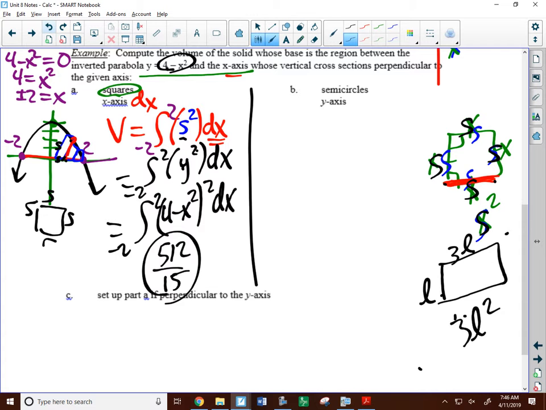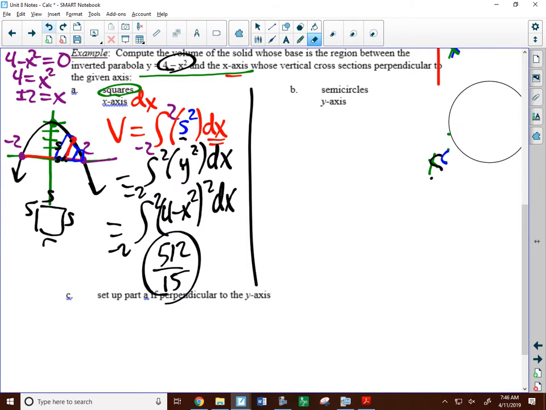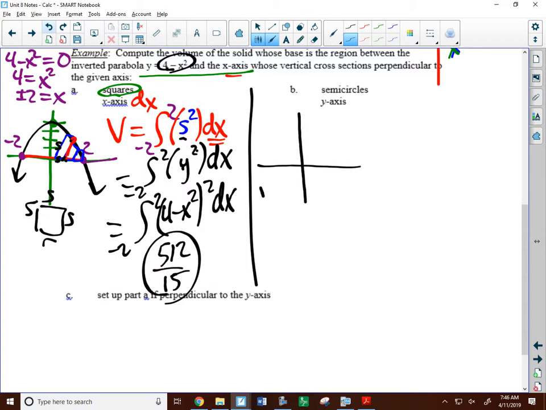I'll try another one here, and we'll see if we get more familiar with it. So let's go to B. I'm doing semicircles now. Let me just draw a quick picture. It's the same setup, but now we're going perpendicular to the y-axis.